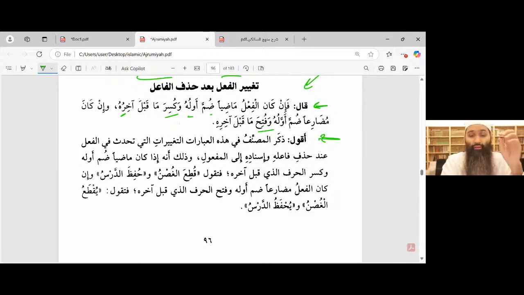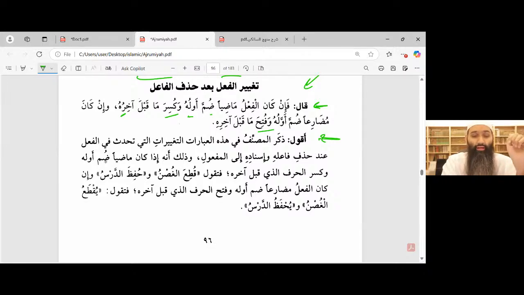So when the fa'il of this fi'l is omitted and this fi'l is connected to the maf'ul, certain changes happen in this fi'l.